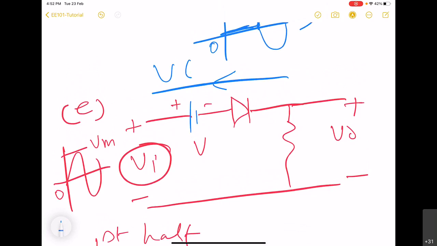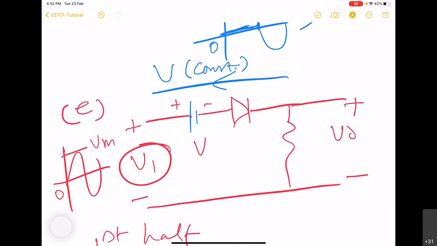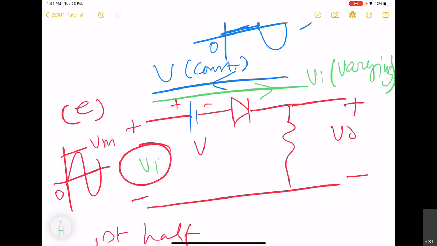And this is going to be constant. While this Vi is going to establish another voltage, which during the first half is going to be in this direction. And this is varying. So this will be increasing, in fact, during the first half. So it increases from 0, becomes Vm, and then decreases, right?